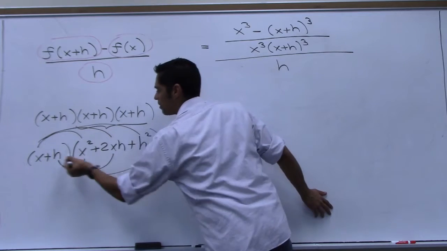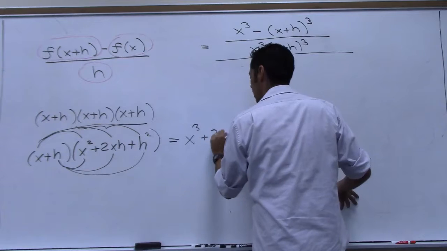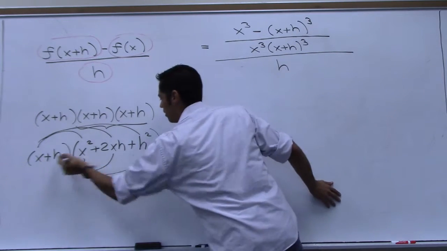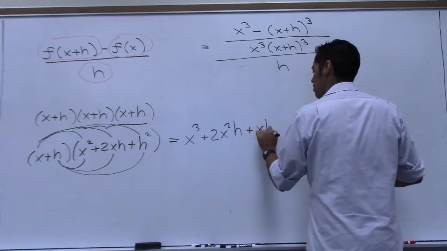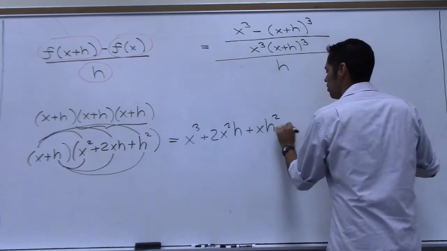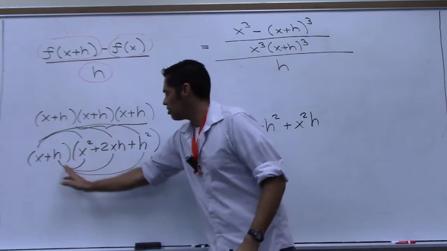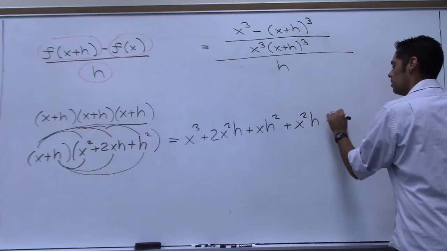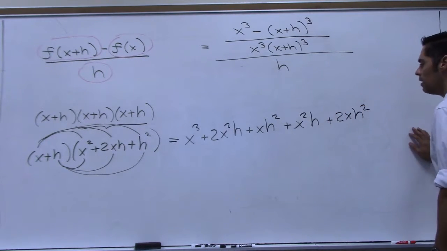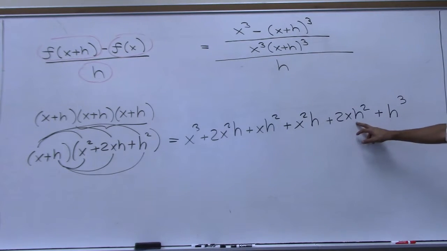So my first one, x times x squared is x cubed. x times 2xh is 2x squared h. x times h squared is xh squared. Then I do the next one. h times x squared, I'm going to write as x squared h. h times 2xh is 2xh squared. And finally, the last term, h cubed.